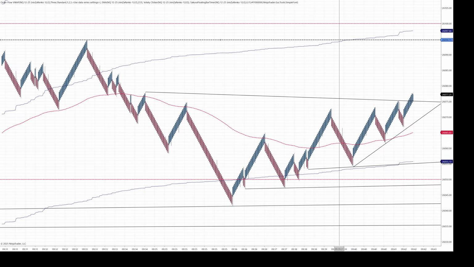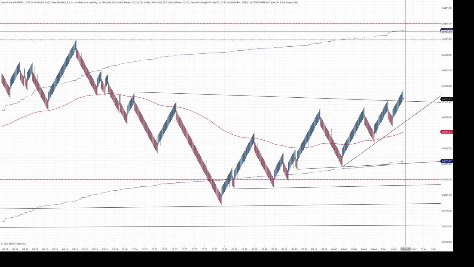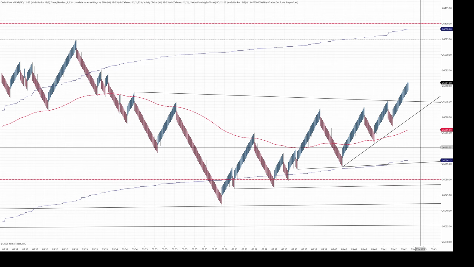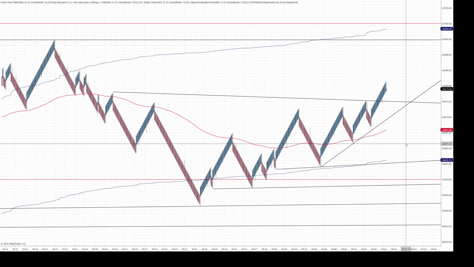And so right now our next area of interest is going to be at that standard deviation level up there at 98, or potentially the 100 level up there. So let's just see how price behaves if we get up there.